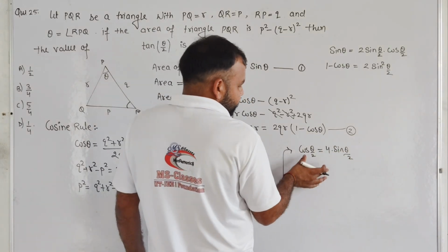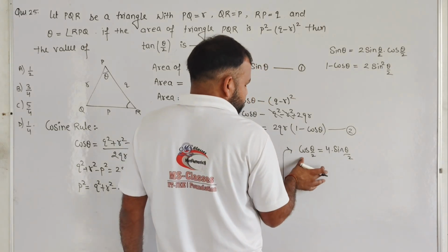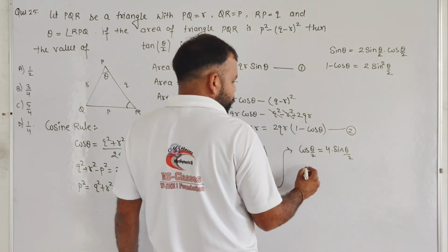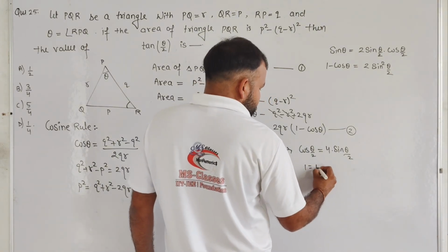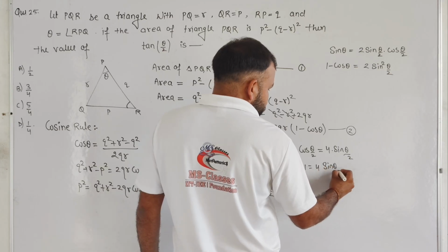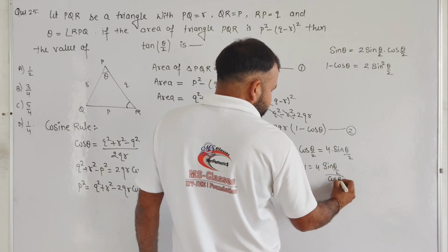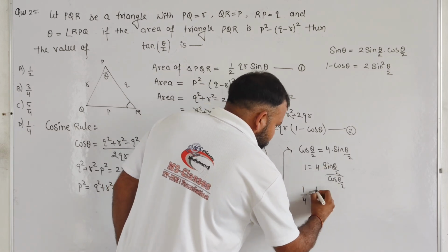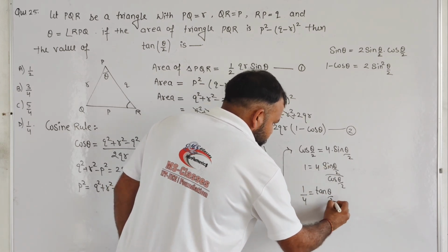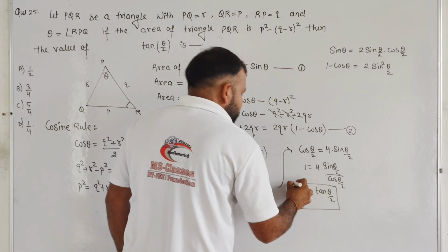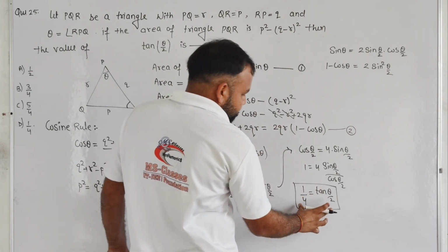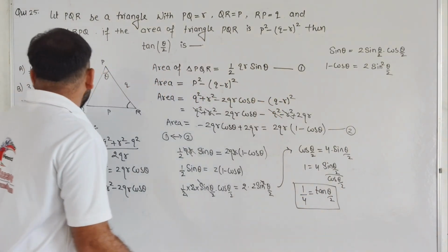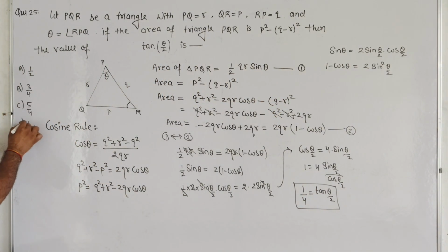And after taking cos theta by 2 into the denominator, it will become 1 equals 4 times sin theta by 2 upon cos theta by 2. And 4 is inside, so 1 by 4 is basically tan theta by 2. So student, we needed to calculate the value of tan theta by 2. It is basically 1 by 4. So our option D is correct, student.